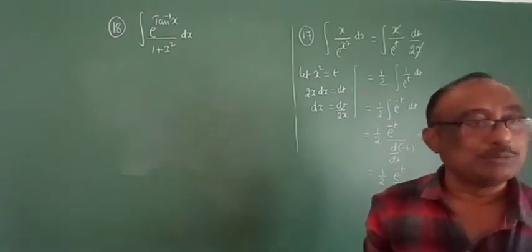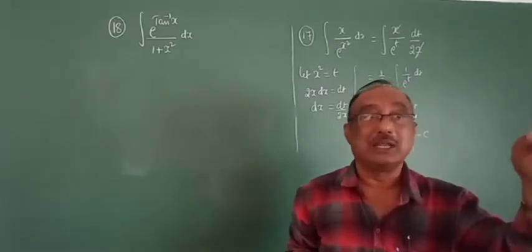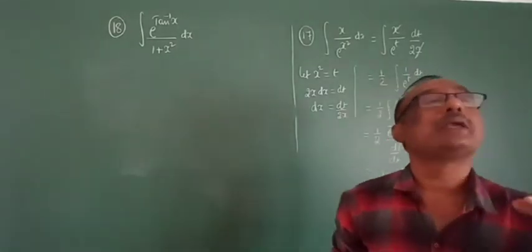The substitution method is: the function that has its derivative present, let that function be t, and its derivative part should be cancelled.